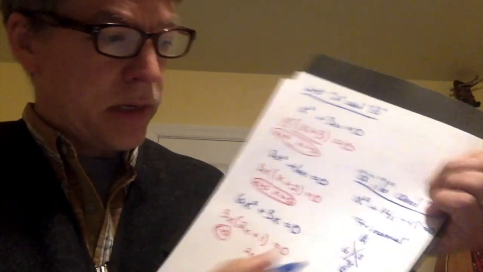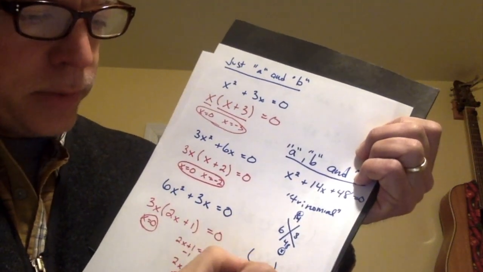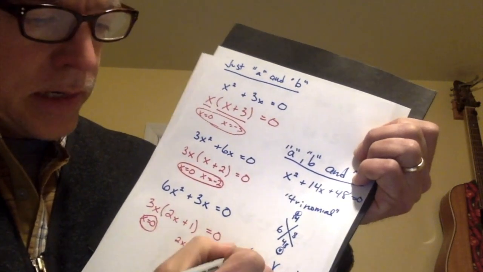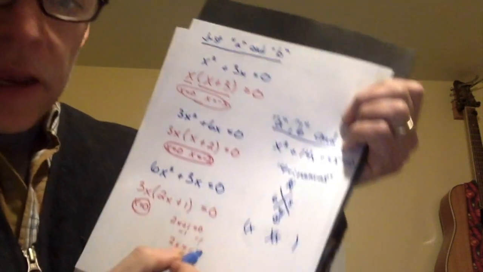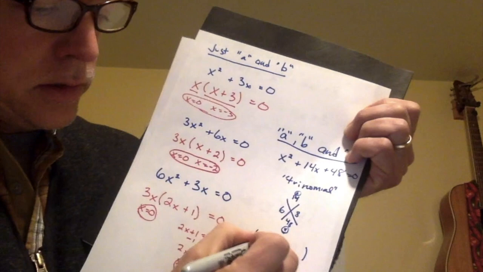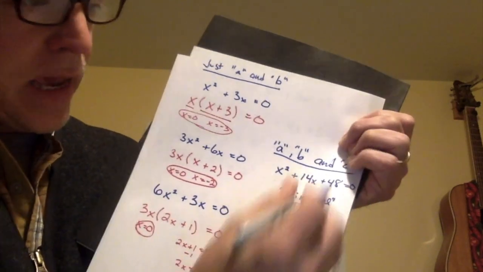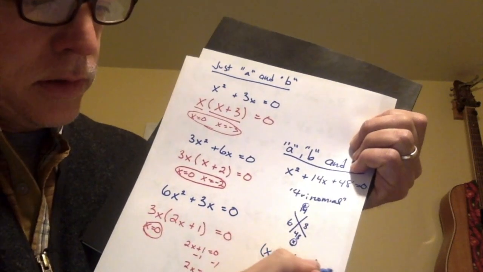Positive 6 and positive 8. So you could rewrite this in factored form like this. I do my double set of parentheses, and I got an x in the first slot, and I just figured out what goes in my second slot. A positive 6, bam, and a positive 8, bam, and it still equals 0.